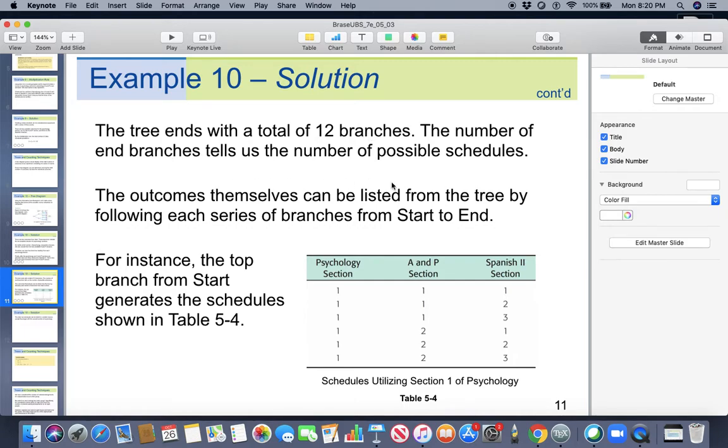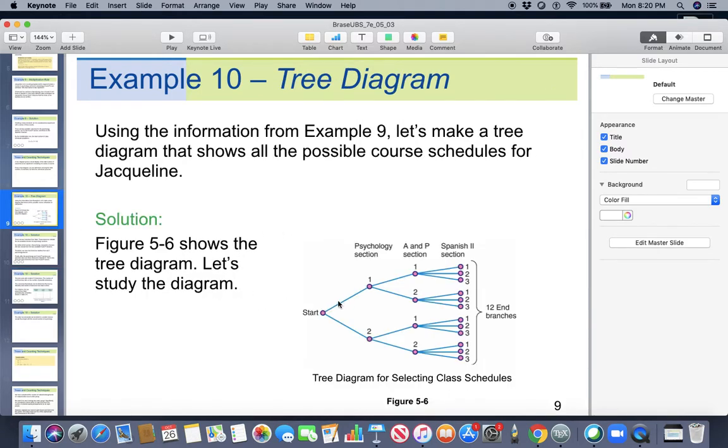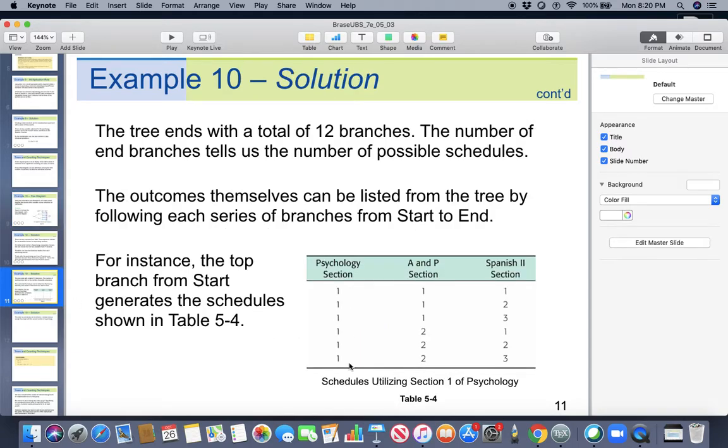The number of end results tells us the number of possible schedules. The outcomes themselves can be listed from the tree by following each series. So 111, 112, 113. So these are all possible schedules. They have written them in a table form.